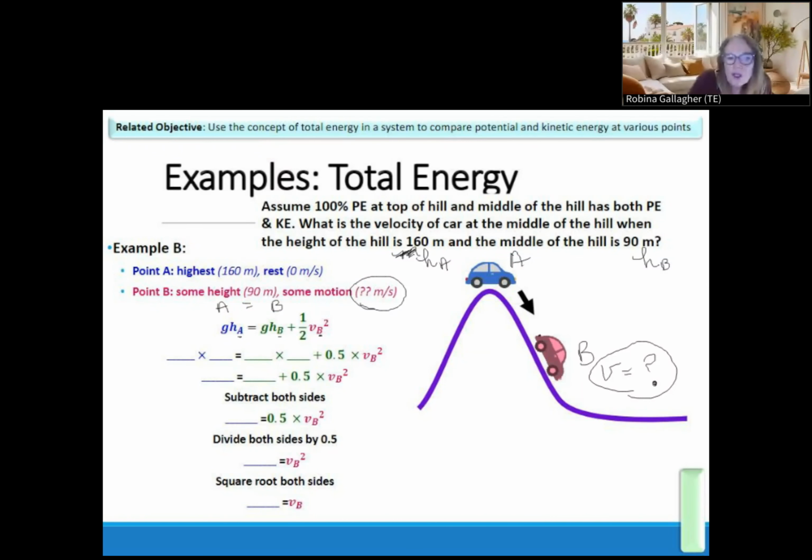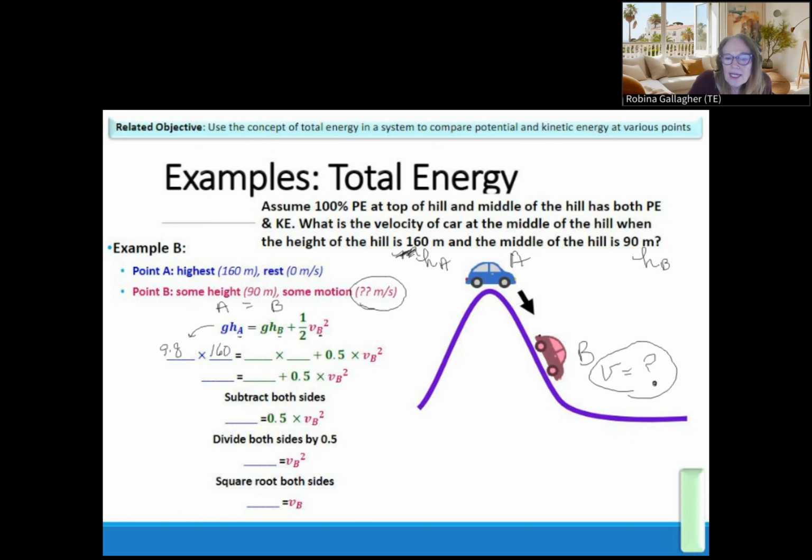Now it's just a matter of filling in these blanks. I know G, G is always 9.8. The height of hill A is 160 meters. There's my equal sign.